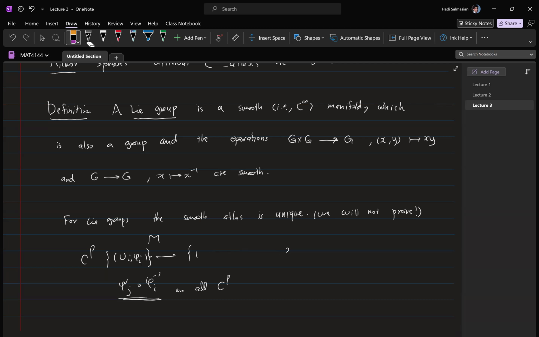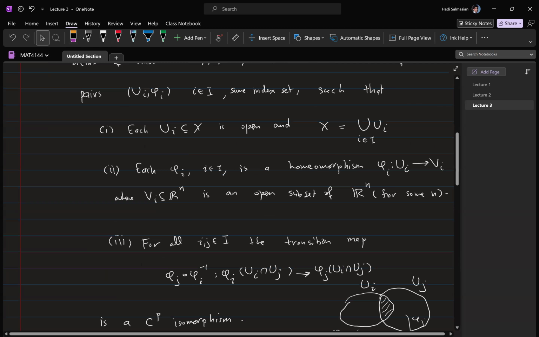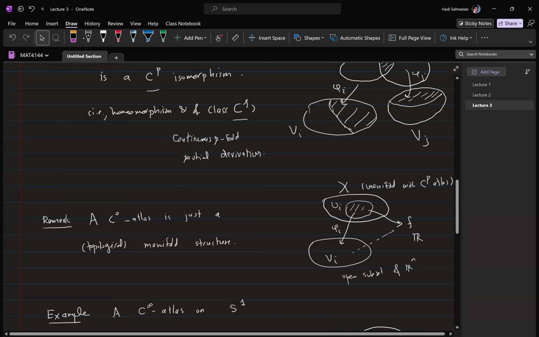Just like the condition that we impose on the atlas itself. Why do we impose this condition? Because we want different charts to give the same meaning of differentiability. We don't want the function to be differentiable with one chart and not with the other. Now, two atlases are the same if differentiability for charts of one or the other are really the same notions.